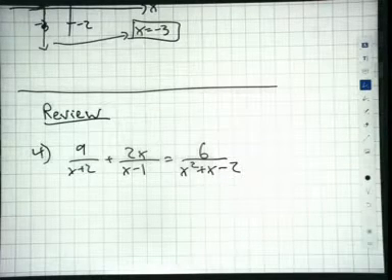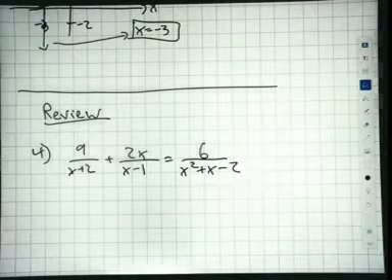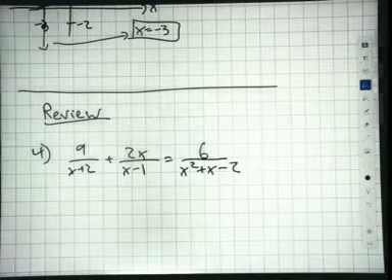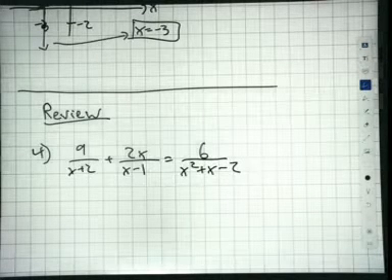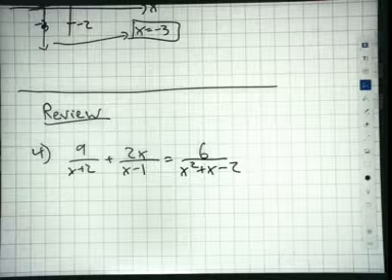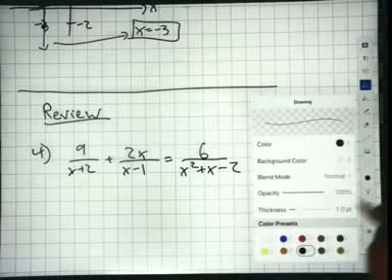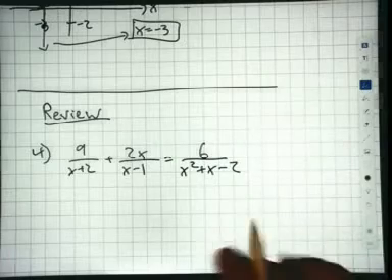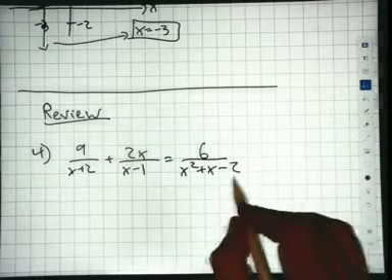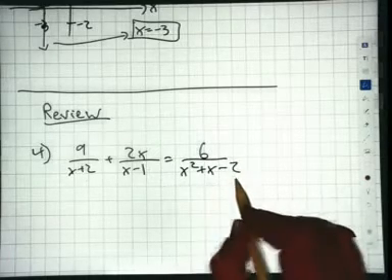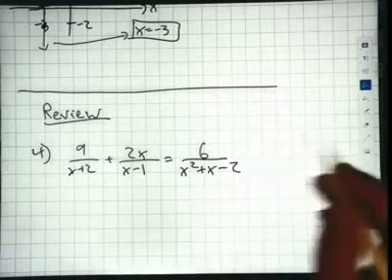Now, this is coming way back from Unit 1. What we should start recognizing is that if we were to factor this trinomial, we're going to get the product of these two guys. At least we should, hopefully.